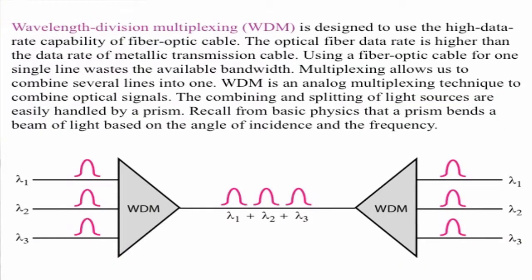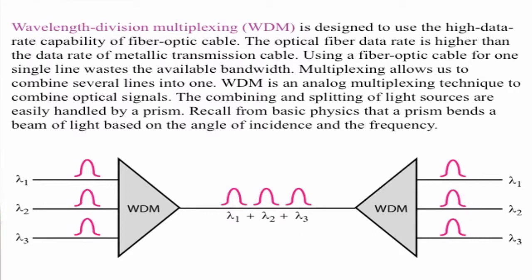Next one is wavelength division multiplexing. Wavelength division multiplexing is just the same as frequency division multiplexing. The only thing is, if the signal is not an electromagnetic signal but an optical signal, a light wave, then we use wavelength division multiplexing.